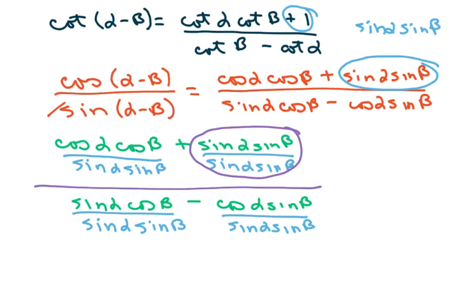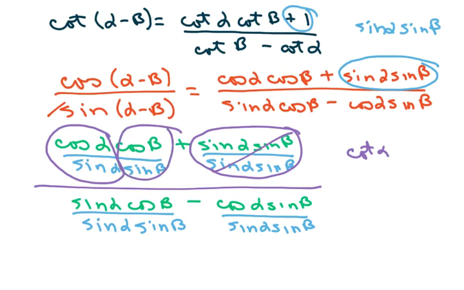Okay, so we already know that this equals 1. Here we have cotan of alpha. Here we have cotan of beta. And that's going to be plus 1 because this whole thing right here equals 1 because you're dividing.